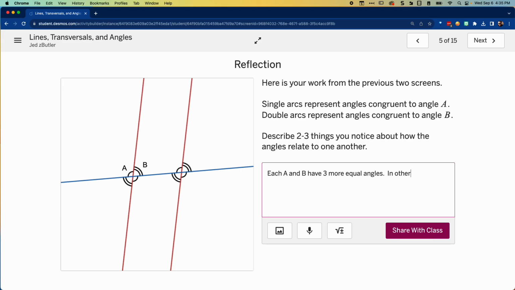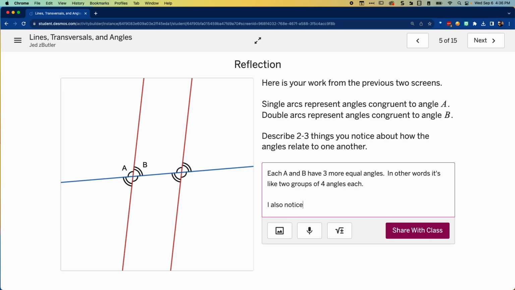In other words, it's like 2 groups of 4 angles each. So there's 4 B's, 1, 2, 3, 4. And there's 4 A's, 1, 2, 3, 4.